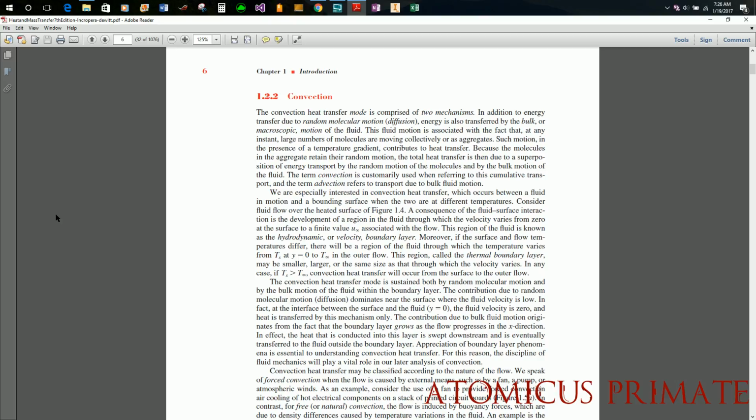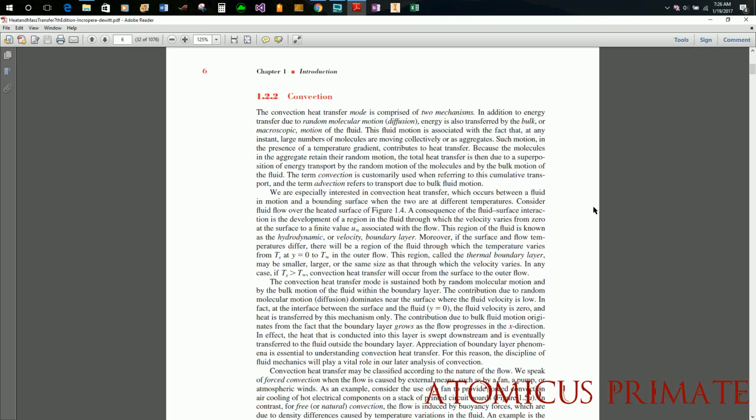The term convection is customarily used when referring to this cumulative transport, and the term advection refers to transport due to bulk fluid motion. Again, convection is used when referring to cumulative transport. Advection refers to bulk fluid motion.